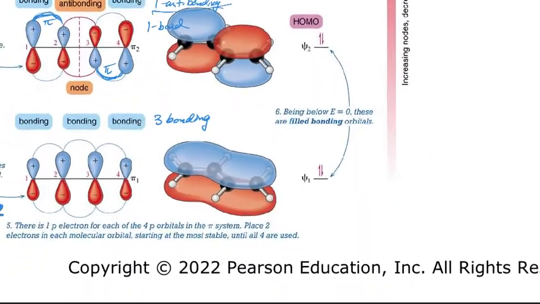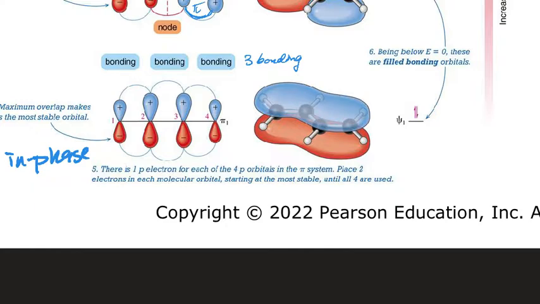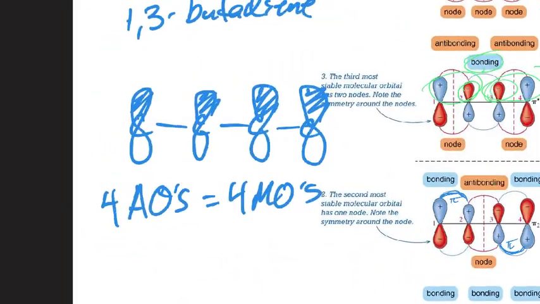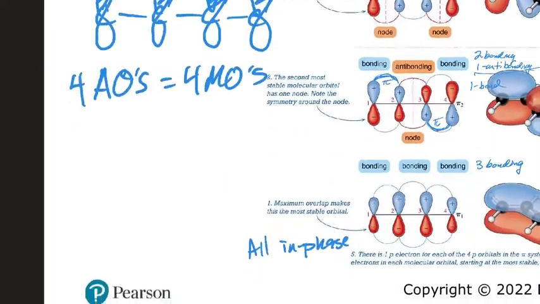And going down here, reading from 5, there's 1 p electron for each of the 4 p orbitals in the pi system. Place 2 electrons in each molecular orbital, starting with the most stable until all 4 are used, right? This is a pi bond, there's a pi bond, that has 2 electrons, that has 2 electrons, for a total of 4 electrons, all right?